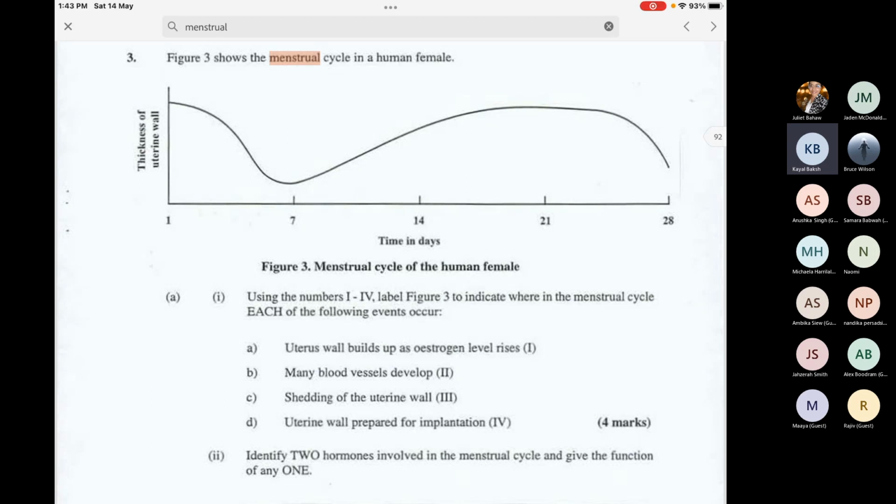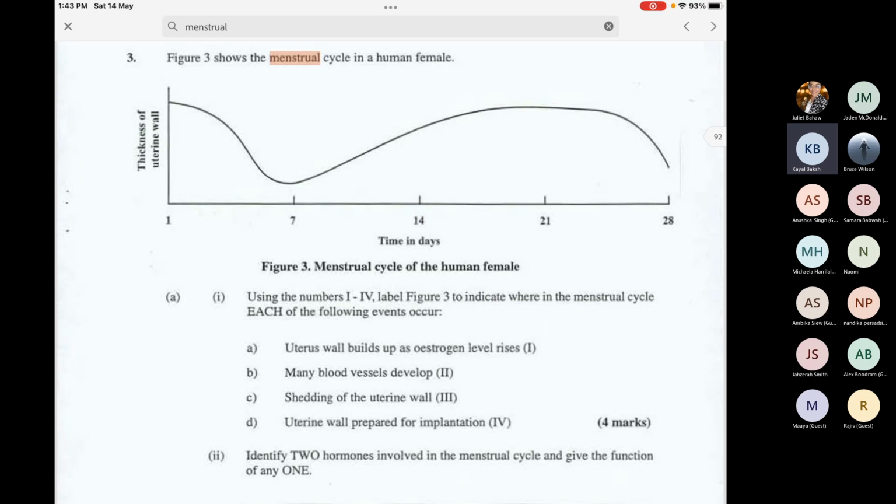That means that was the period, that is the menstruation. So when the wall has to build up, you're not going to go directly at 7. You're going right after 7. So let's say about day 8, you're going to put number 1. That is when the wall is getting thicker gradually, so it's rebuilding itself. Estrogen level is high there. So you don't want to put it at 14. You want to put it at day 8.